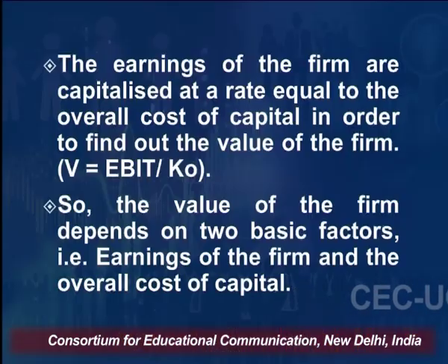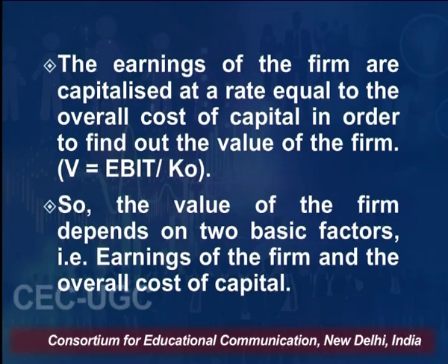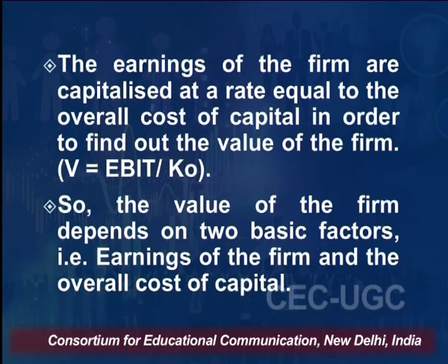The valuation of firm depends upon the earnings of the firm, and the earnings of the firm further depend upon the investment decisions. The earnings of the firm are capitalized at the rate equal to overall cost of capital. We can also call it KO, or weighted average cost of capital. Now, this is done in order to find out the value of the firm.